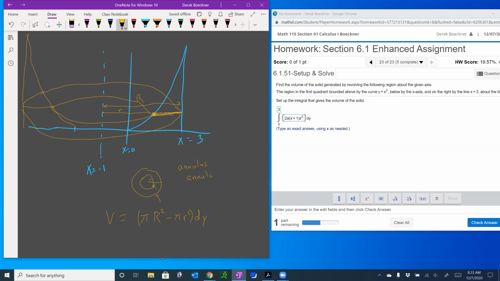Well, that means I have to label these points on my representative rectangle. They each have the same y value. This one always has an x value of 3. This one has an x value of the square root of y, because points on this curve correspond to x squared, which is the same thing as the square root of y comma y.